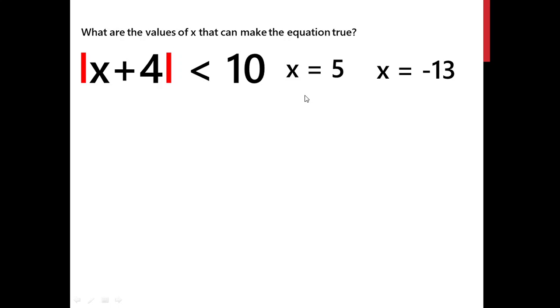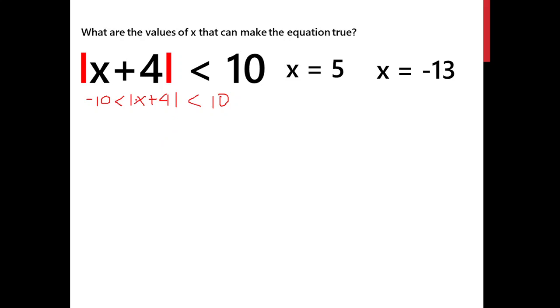Now let's try to use the algebraic method in solving those answers. So again, I'll copy the inequality statement, less than 10. Same thing, I'll copy the inequality symbol here and the opposite of the constant.